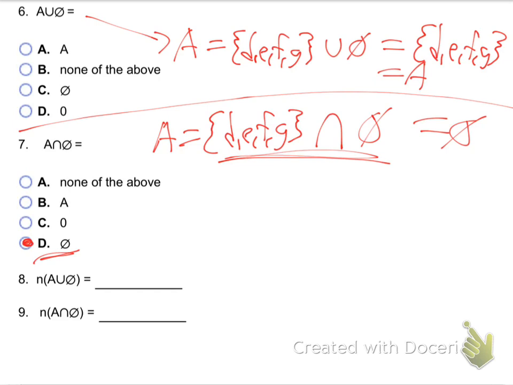And number 8, what's the number in the union and what's the number in the overlap? So A is basically asking, what's the number of elements in the union? Answer to number 8. So what's A union? It's that. So there's 4, right? And what's the number in the overlap? 0. Nothing. Nothing's in the overlap.